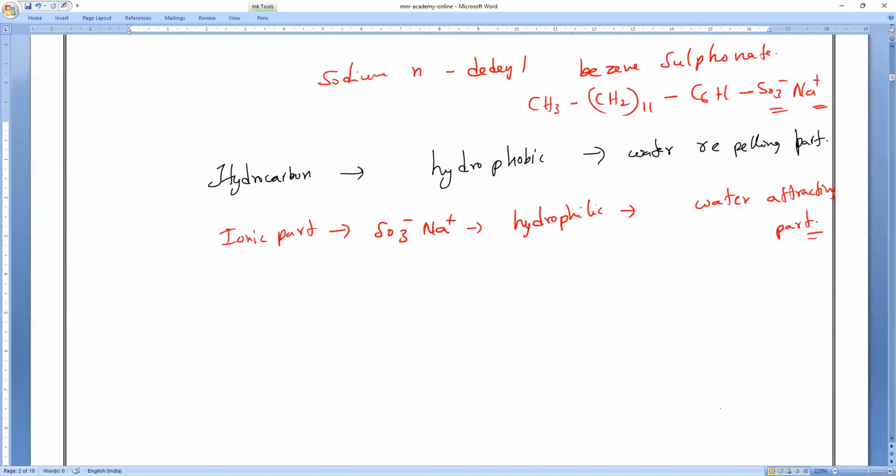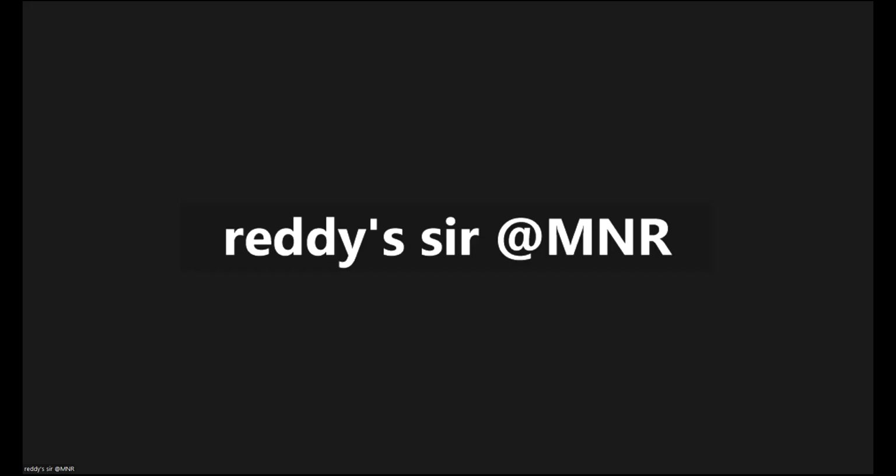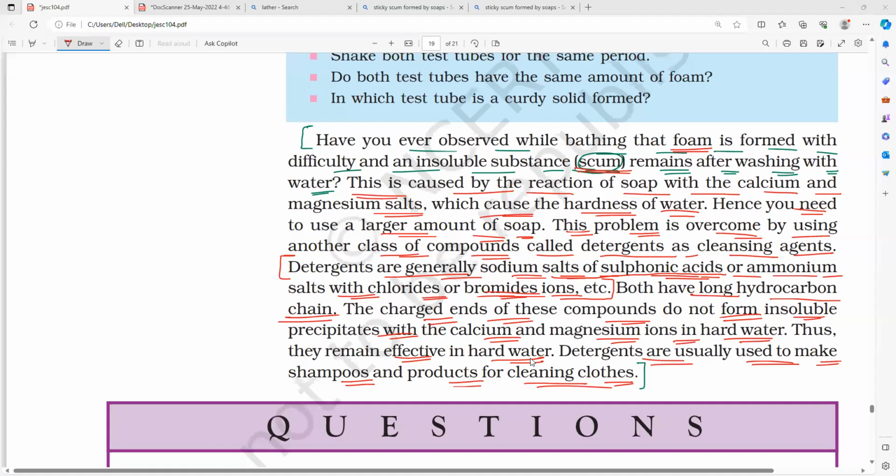The one and only advantage of detergents over soaps is the exact answer you have to write from your NCERT book in your board exam. Both have a long hydrocarbon chain.